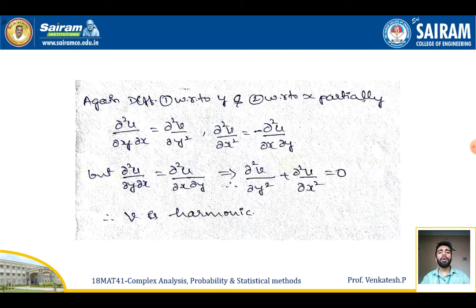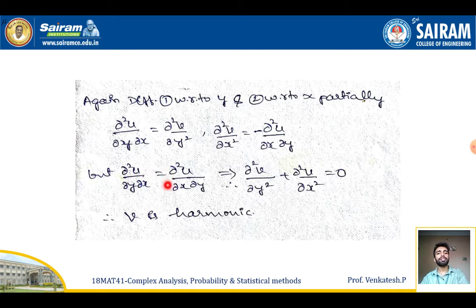Next, again I am going to differentiate equation number 1 with respect to y and equation number 2 with respect to x partially. I will get dou square u by dou y dou x is equal to dou square v by dou y square, and dou square v by dou x square is equal to minus dou square u by dou x dou y. From the partial derivatives property, dou square u by dou y dou x is always equal to dou square u by dou x dou y.